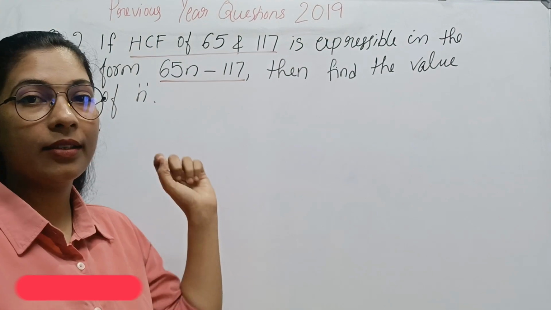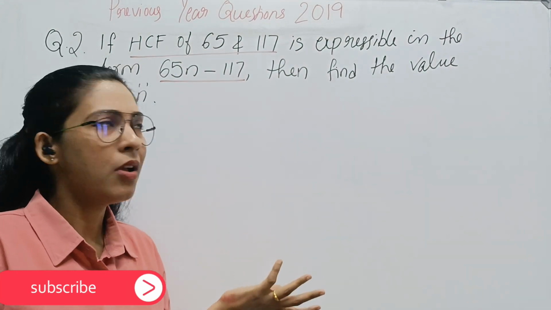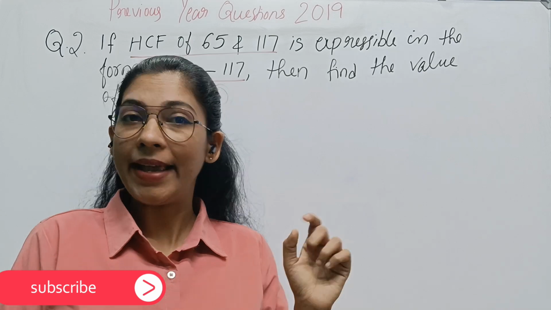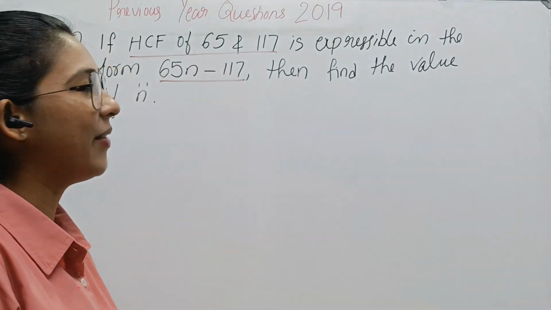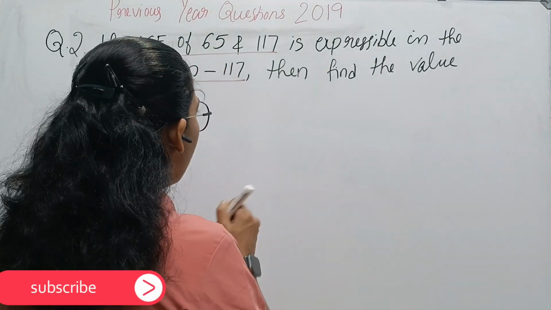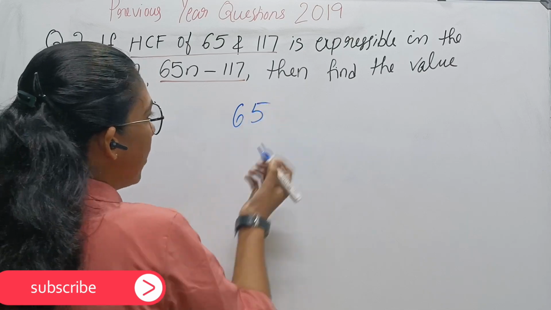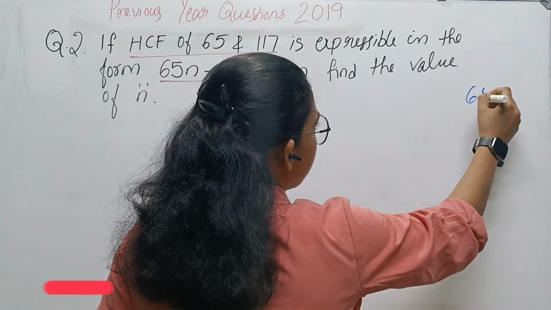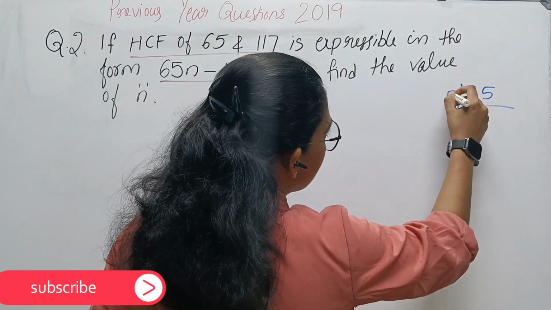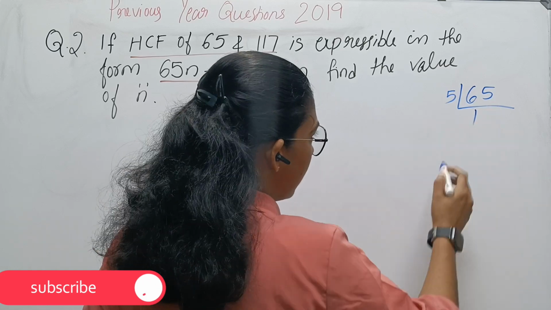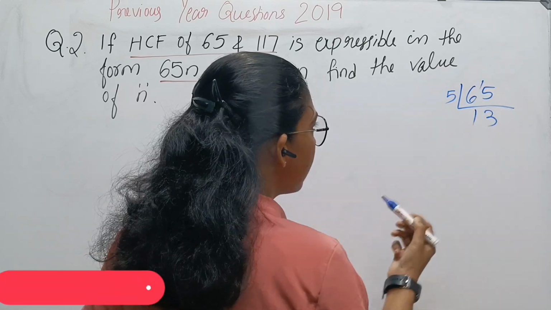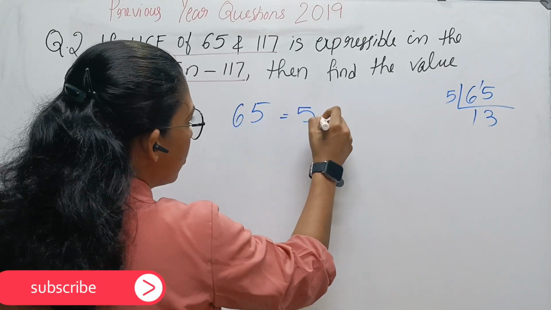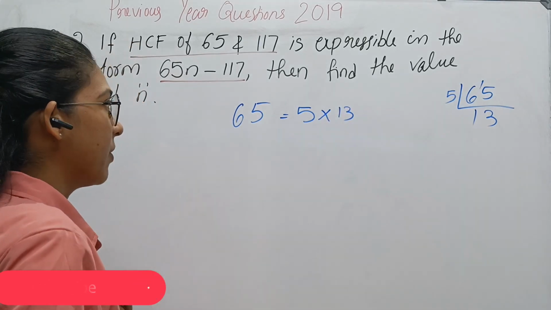So there is an expression for HCF. First we have to find the HCF of the two numbers 65 and 117. We have to factorize 65: 65 is 5 into 13, both are prime numbers.